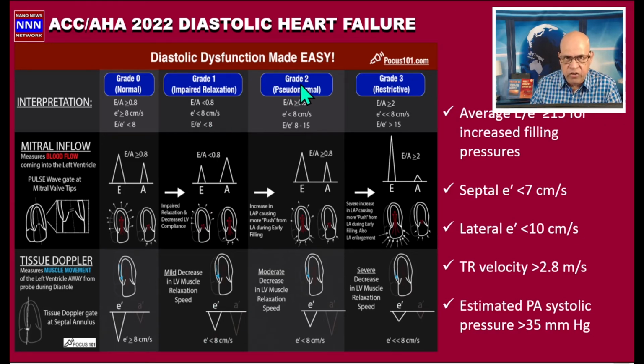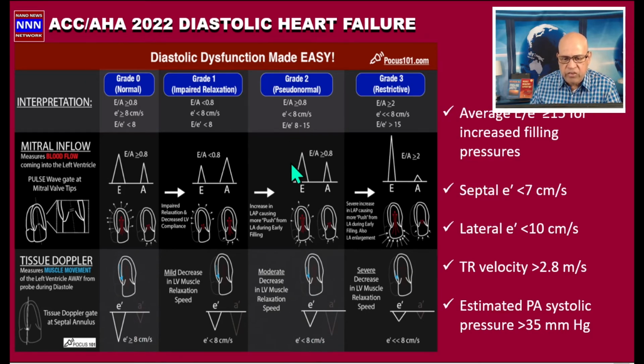In grade 2, which is known as the pseudo-normal, the E wave becomes prominent, whereas the A wave remains the same, but at this time, the E prime, which was greater than 8 centimeters per second, is now less than 8 centimeters per second.